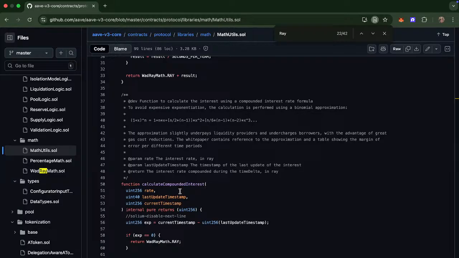Function is calculate interest using compound rate to avoid expensive exponentiation. The calculation is by using binomial approximation: 1 plus x power n is 1 plus n into x plus n by 2 into n minus 1 into x square plus, yeah, something like that.